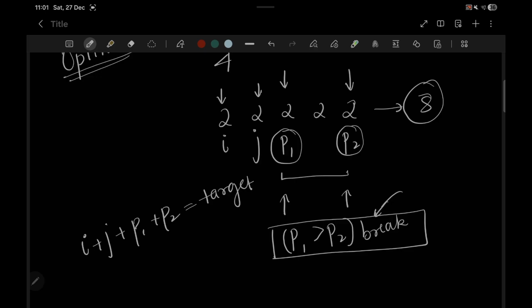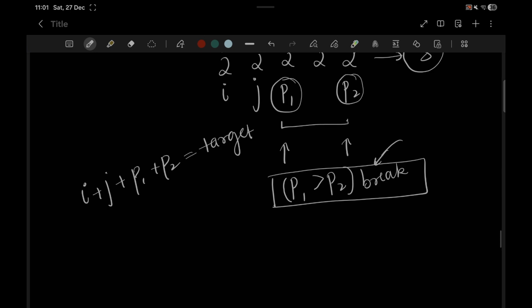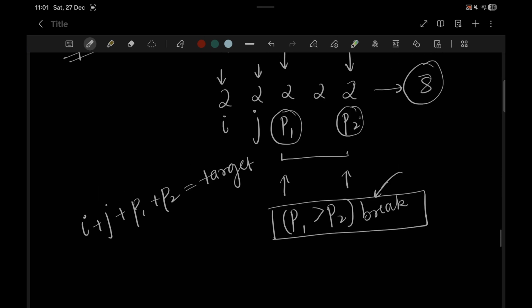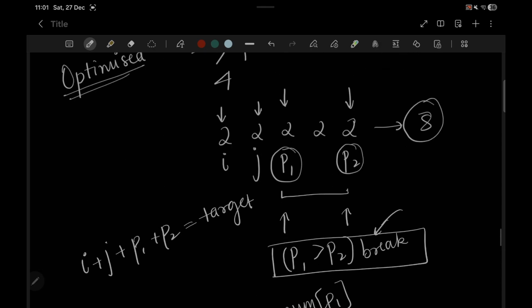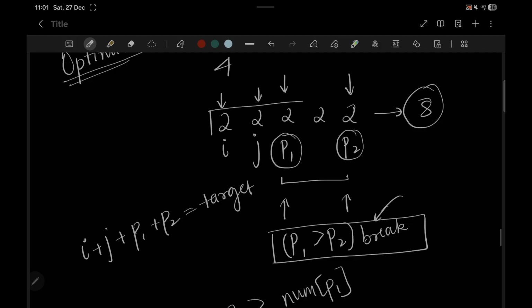If my sum is ever greater than the target, I reduce from p2, or if it is ever smaller than target, I increment p1. That is my assumption, that the number at p2 is greater than or equal to the number at p1. And for that approach, this array should be sorted, so I have to sort this array.